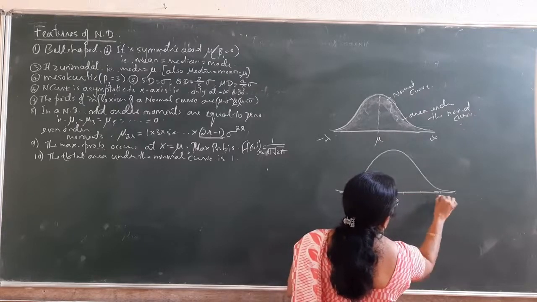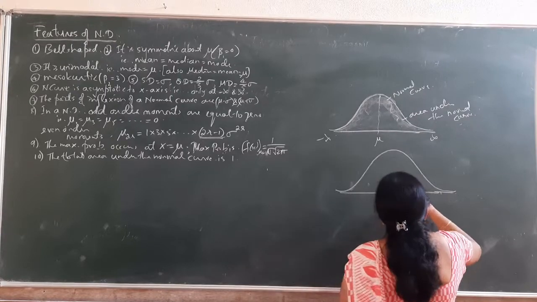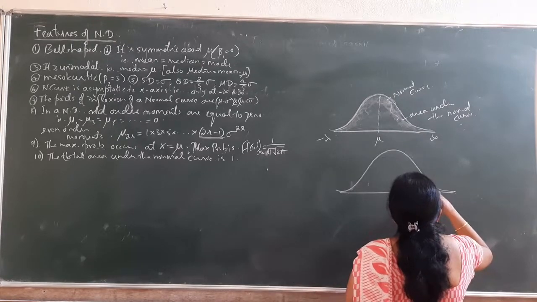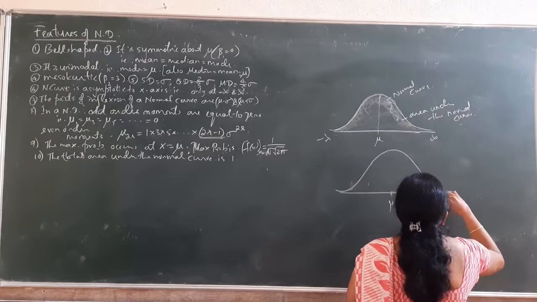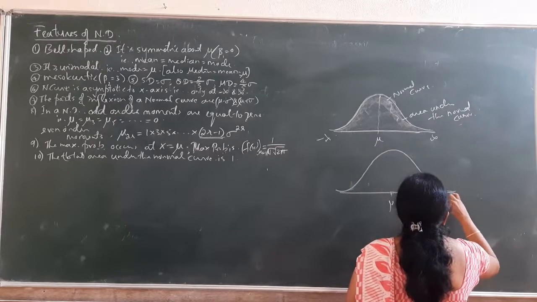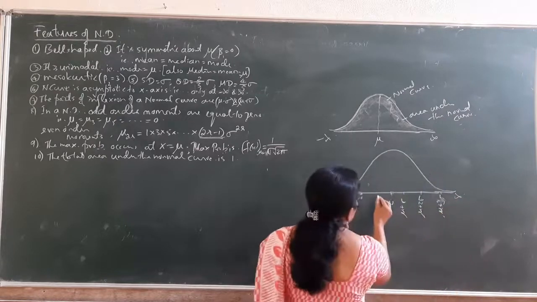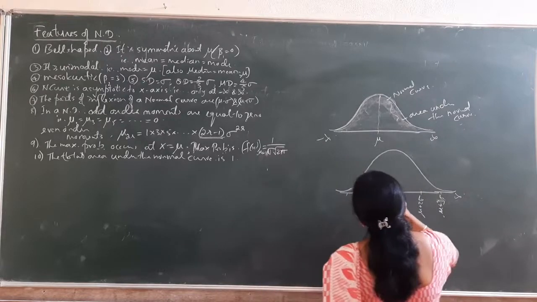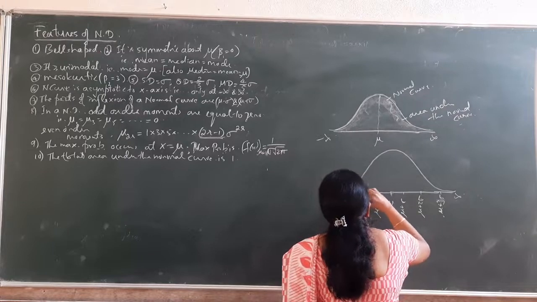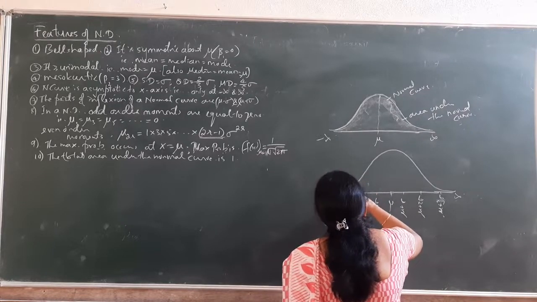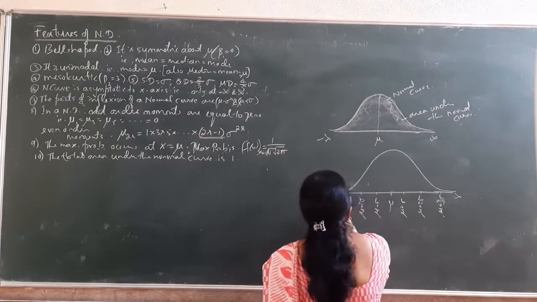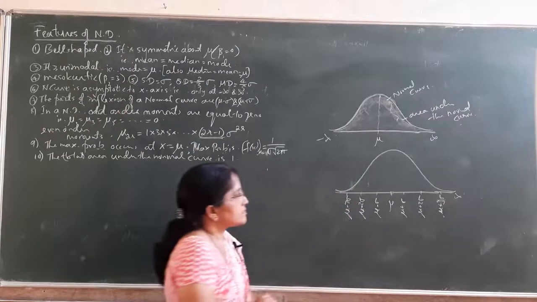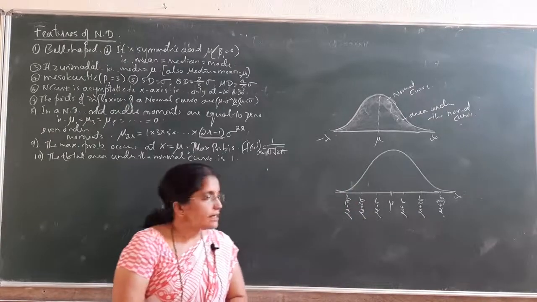Then to the right, 3 more points: mu plus sigma, mu plus 2 sigma, mu plus 3 sigma. And this is infinity. Then mu minus sigma, mu minus 2 sigma, mu minus 3 sigma, right? This is called a normal curve.